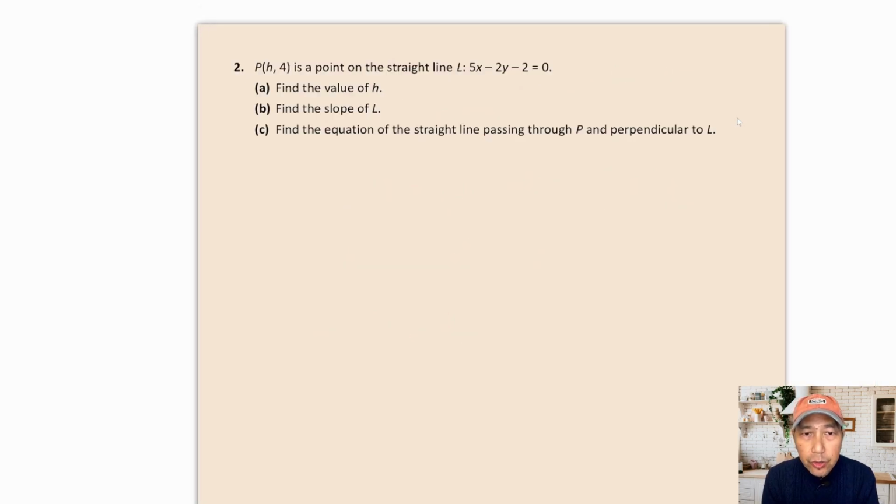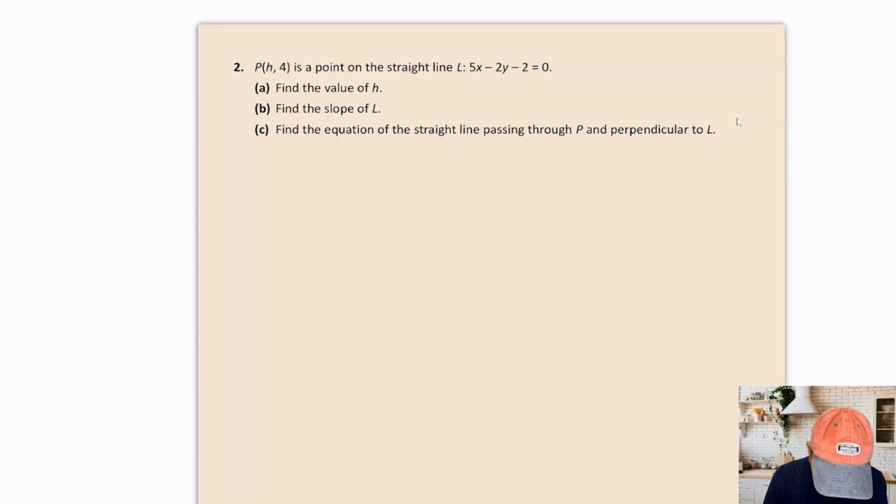In question 2, P is a point on a straight line L. In part A, we are required to find the value of h. In part B, find the slope of L. These two parts are easier, so we finish them first. As we all know, if a point lies on a straight line, we can simply substitute the point into the line, and the left-hand side and the right-hand side will be equal.